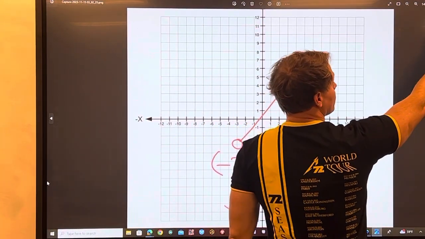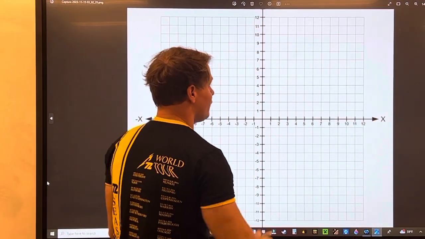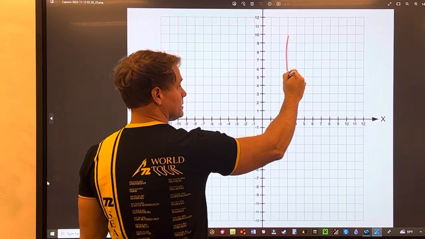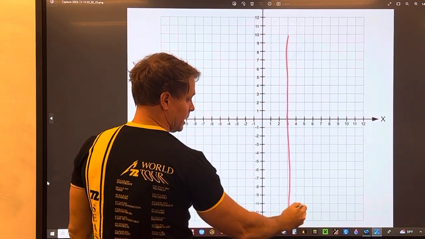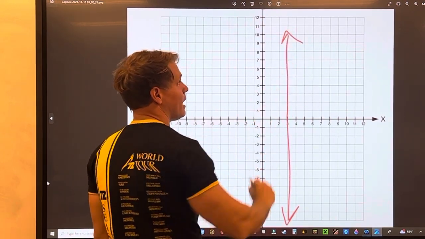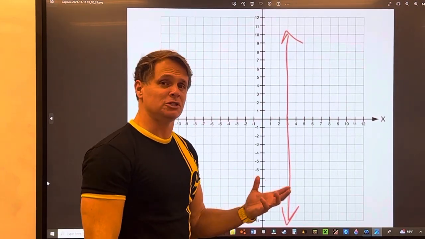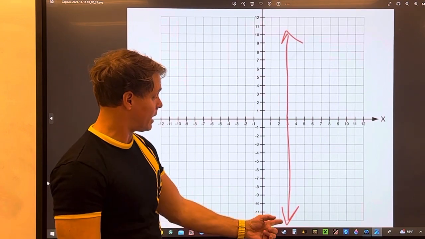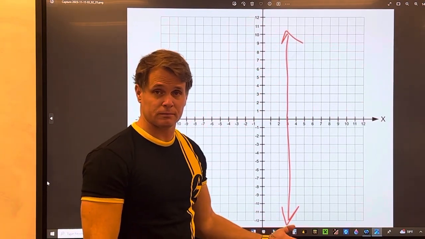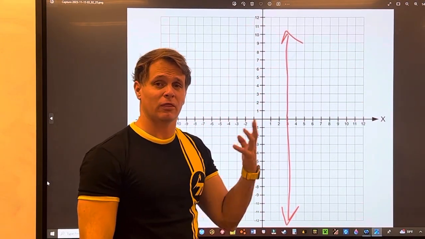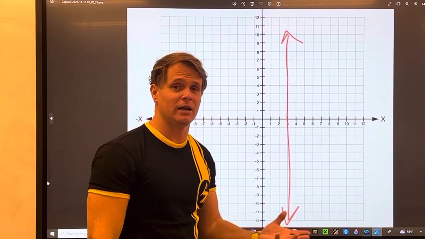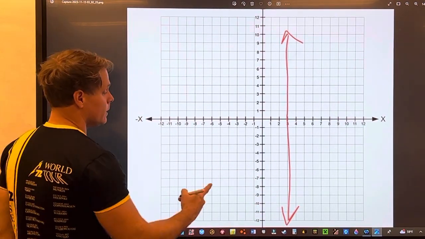Now another problem that's a little bit different would be if I had a graph that looked like this. Got a vertical line going straight up and down. Now we're going to write this one in interval notation. This one's a little bit different also. I got 2 arrows. When you see arrows, you always want to think there's going to be an infinity symbol somewhere.